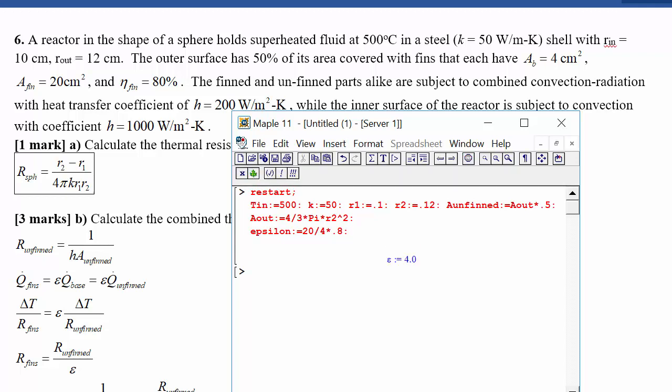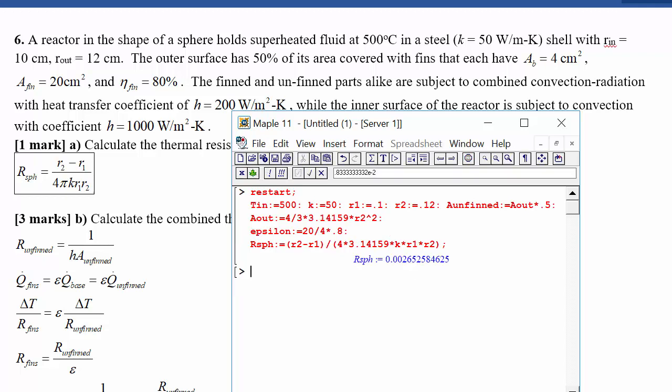Then we've got our sphere is equal to R2 minus R1 over 4 pi K times R1 times R2. And there we go, 0.00833 divided by pi. For this reason, sometimes I like to use just 3.14159 for pi in Maple, just to force it to calculate using decimal numbers. So we'll see what we get for the sphere's resistance.